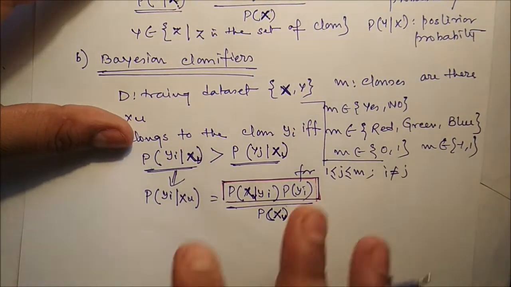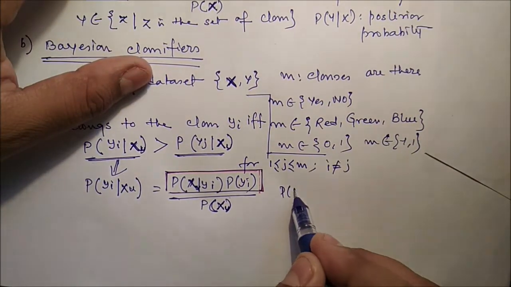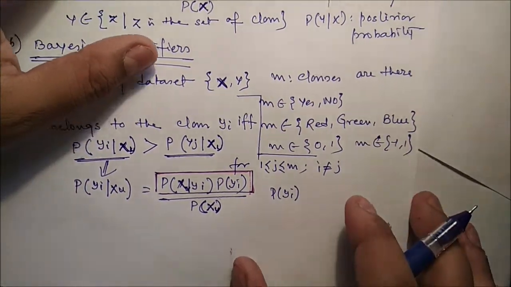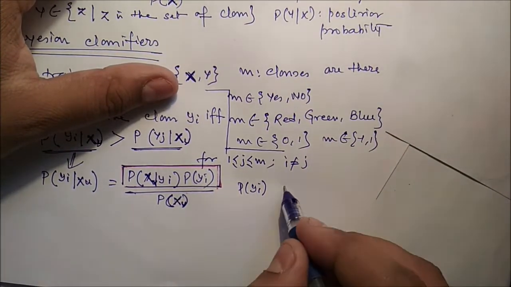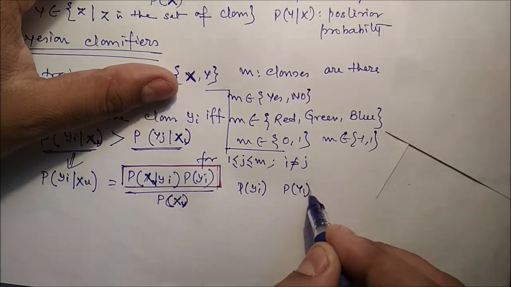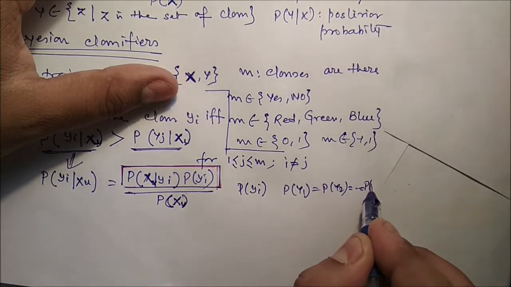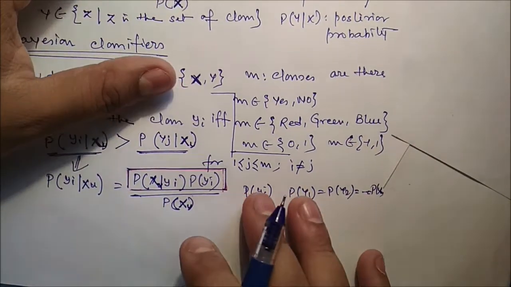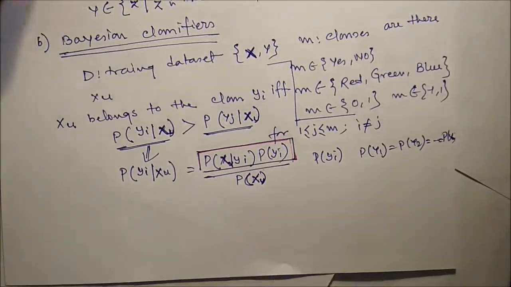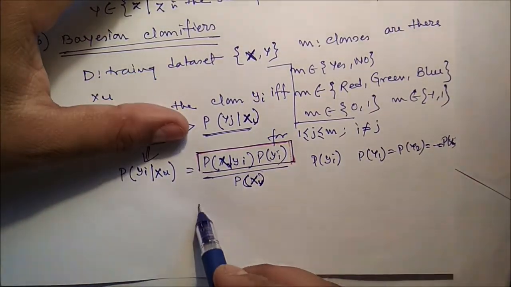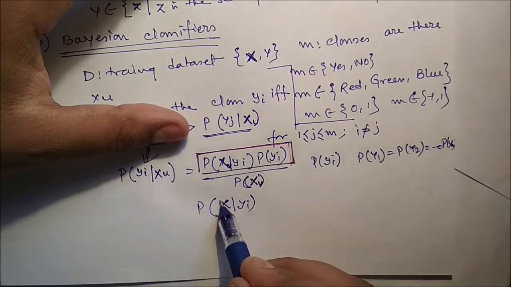Initially we assume that the prior probabilities P(yi) are all the same. Suppose m classes are there, then P(y1) is equal to P(y2) is equal to, we can write, P(ym). The prior probabilities are the same, so we should concentrate only on this particular part. We have to maximize this particular part only.